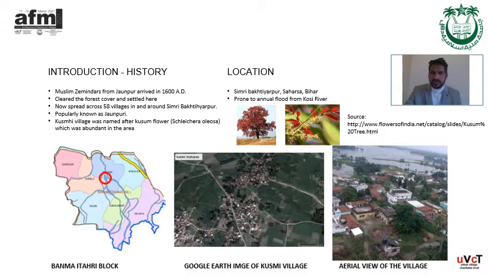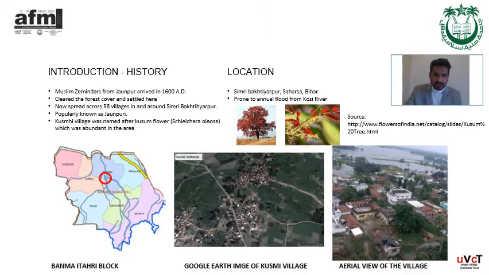And so over the 400 or 500 years, there are almost 58 villages situated in and around Simri Bakhtiyarpur, and those people who came from Jaunpur and their descendants are popularly known as Jaunpuri even till date. The name Kusmi came from kusum flower, which was abundant in nature.